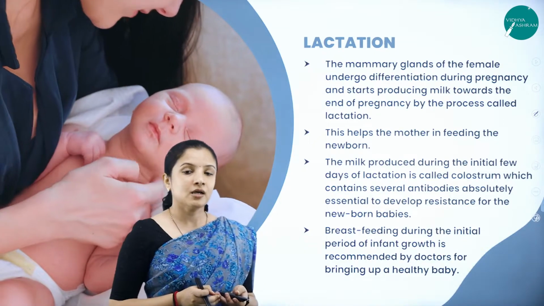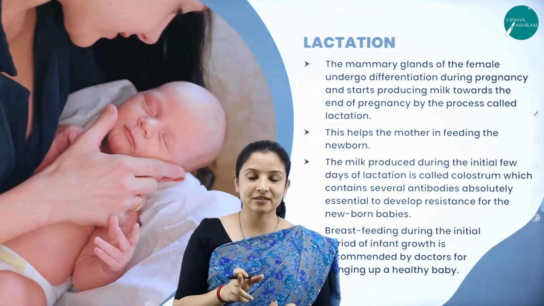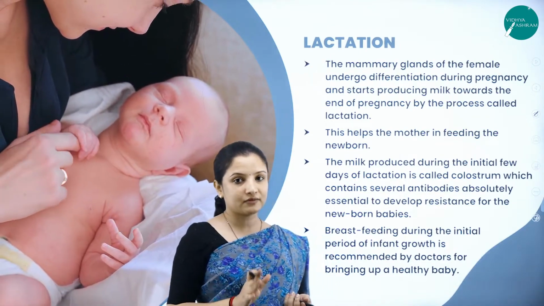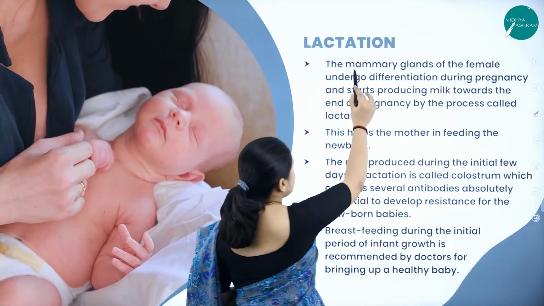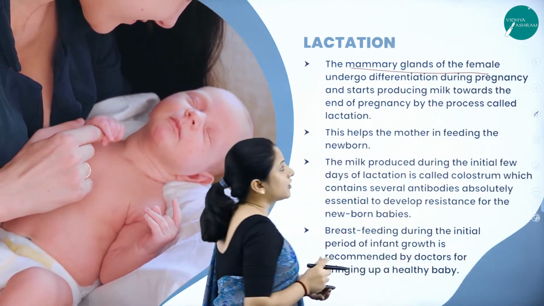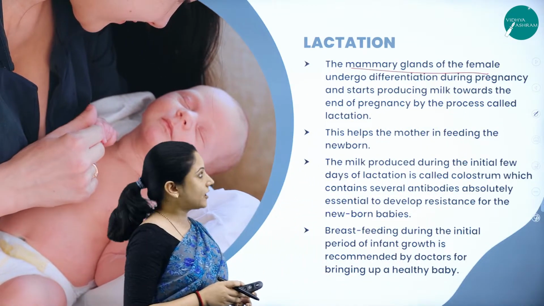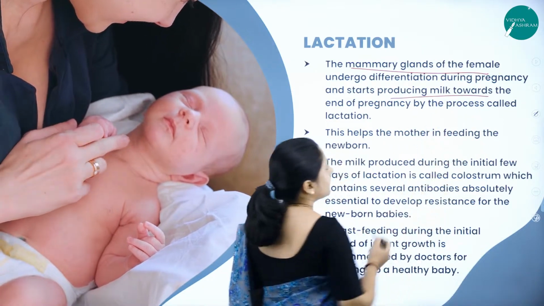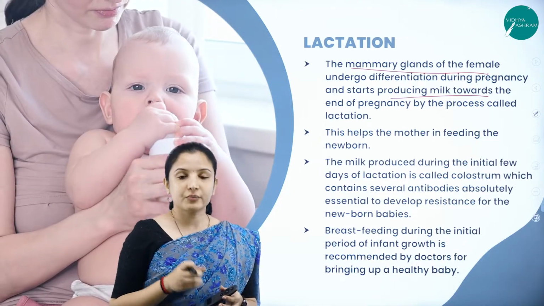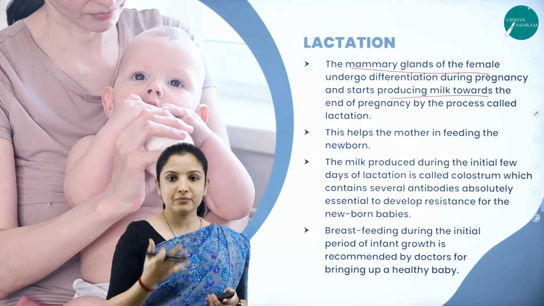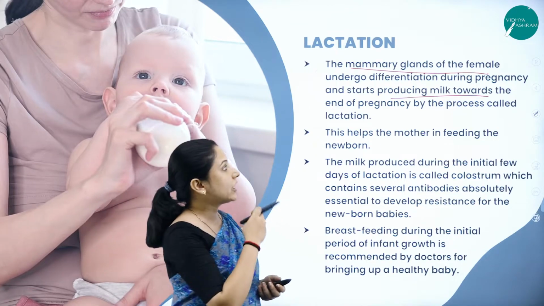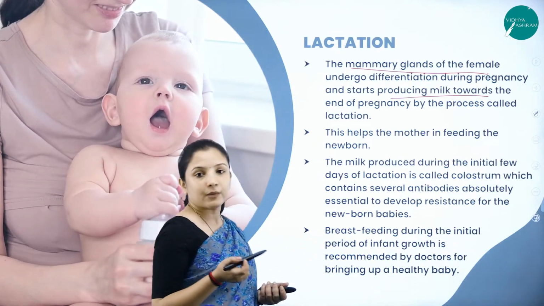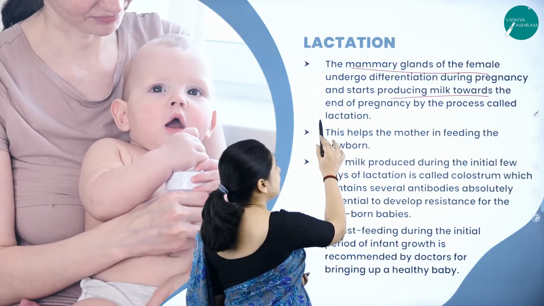So that is why in the first session we had studied mammary glands also as a female reproductive structure. Here the mammary glands of the female undergo differentiation during pregnancy and start to produce milk. They will have a lot of lobe-like structures or balloon-like structures, called the milk ducts, which hold the milk, and the milk will start secreting towards the end of the pregnancy, and that particular process is called lactation.